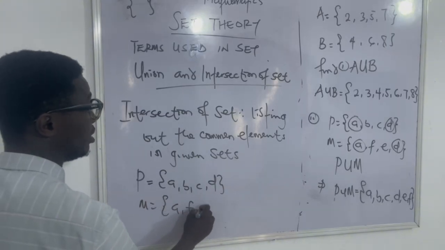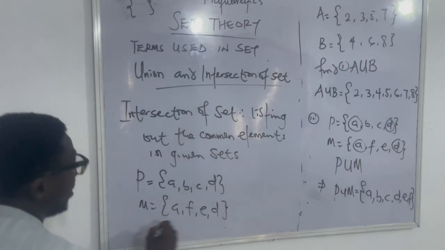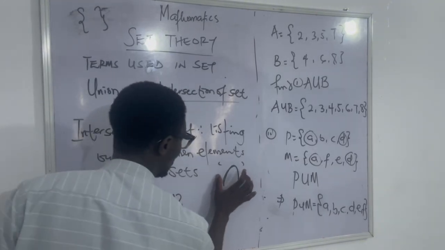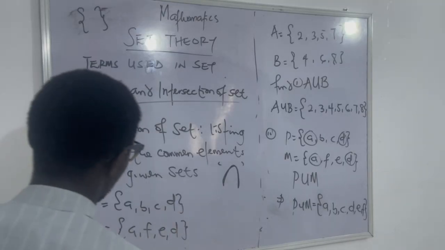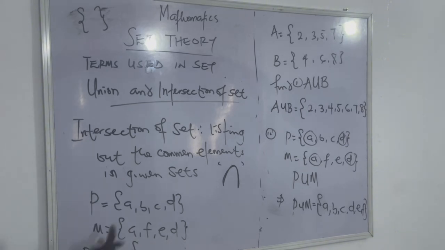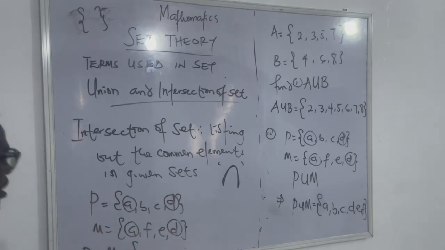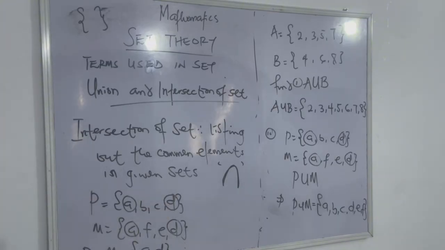A, F, E, D. Now, intersection is denoted with this, just like an inverted U, so like N. So now, we said find P intersection M, which means bring out what is common, just the common elements, and you write them once. A is common, D is what? Is common. Are we together?